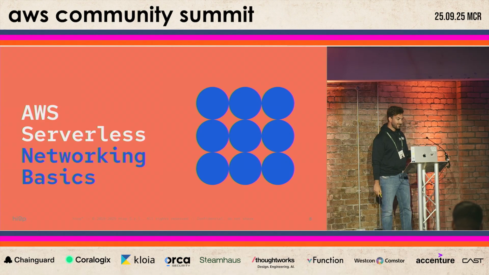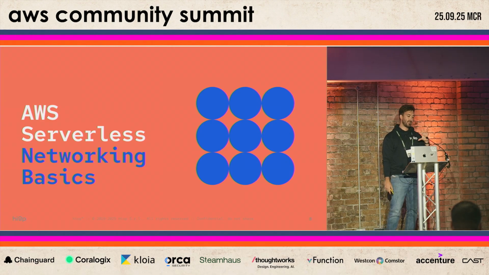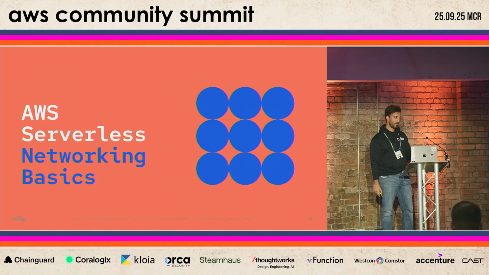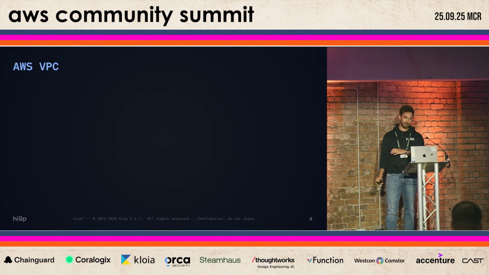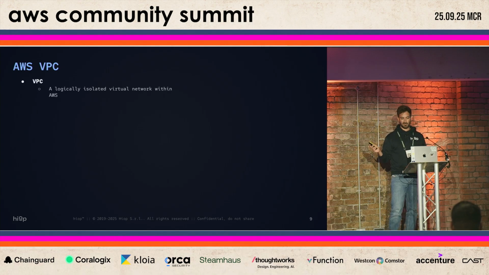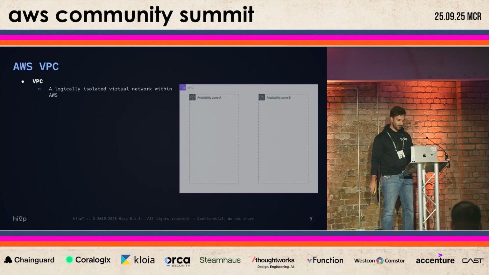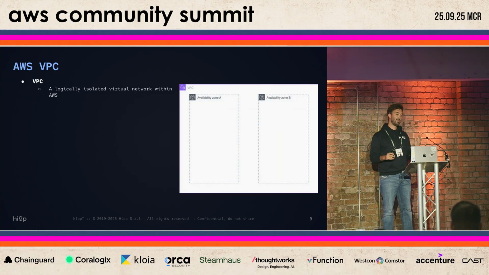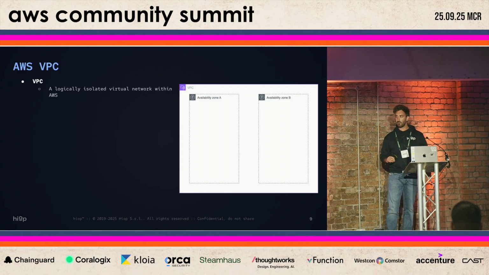So let's start with a quick introduction about the networking basics of standard AWS, like VPCs, and then we will go deeper into the principal serverless services. What is a VPC? I think some of you already know, it is an isolated virtual network basically within your AWS account.